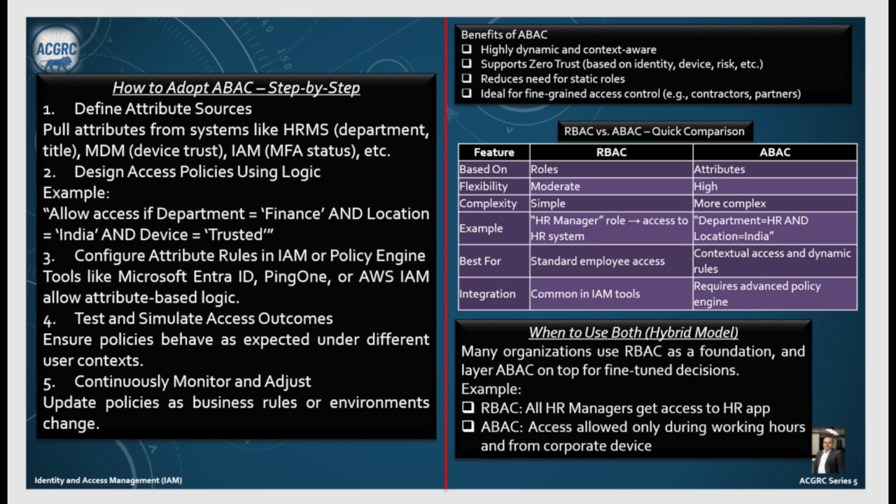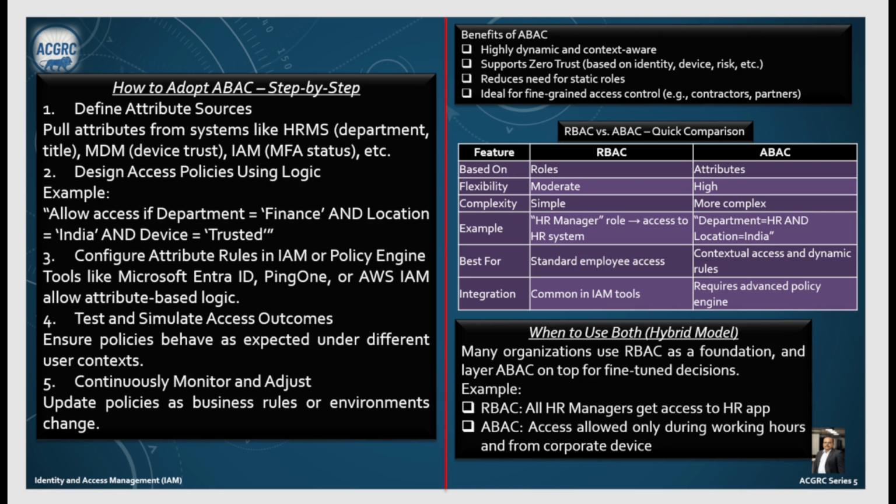So, in quick comparison, RBAC is role based, ABAC is attribute based. RBAC is moderately flexible, ABAC is highly flexible. RBAC is, from a complexity perspective, simpler than ABAC. ABAC is more complex. Example, RBAC, HR manager's role, access to HR system.